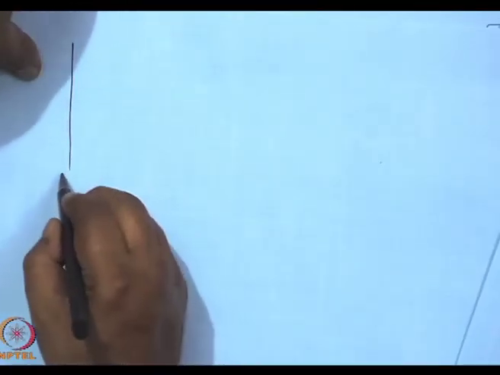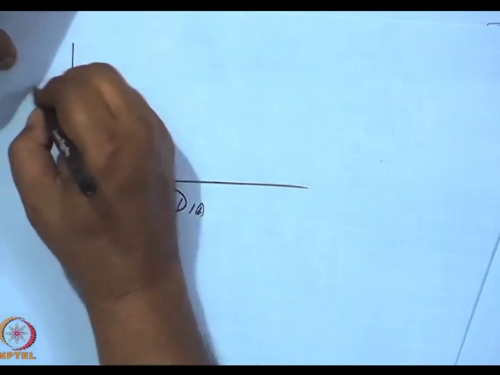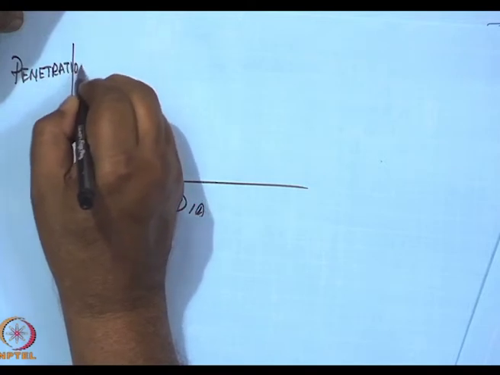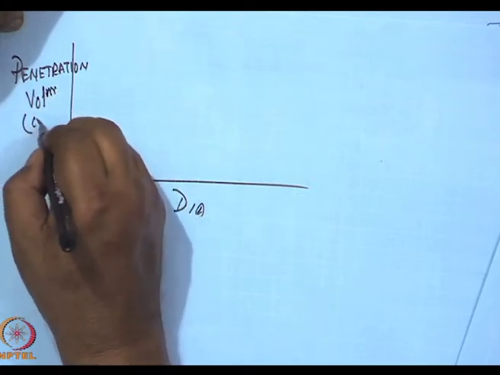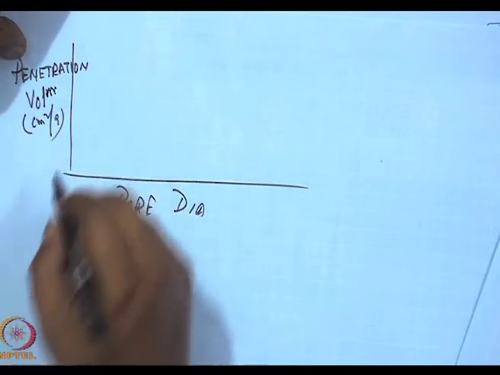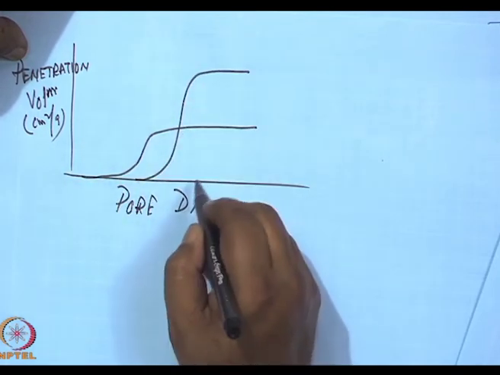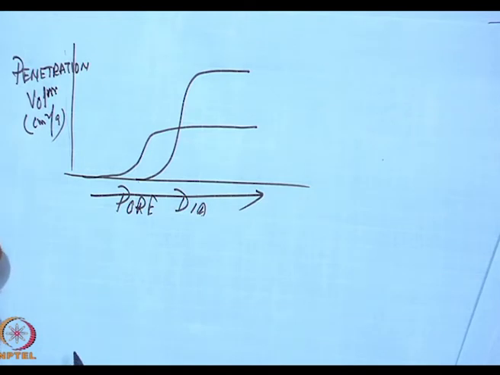Normally, there are graphs like this. Depending on the pore diameter, more and more penetration occurs.